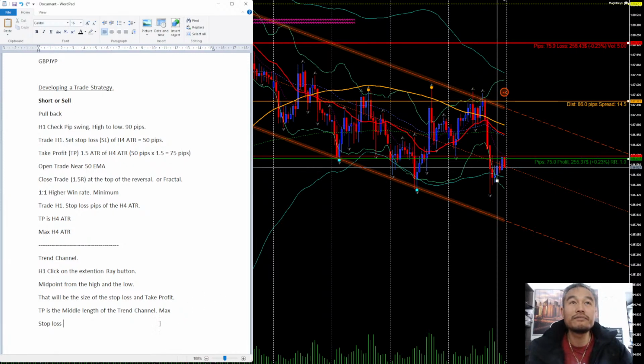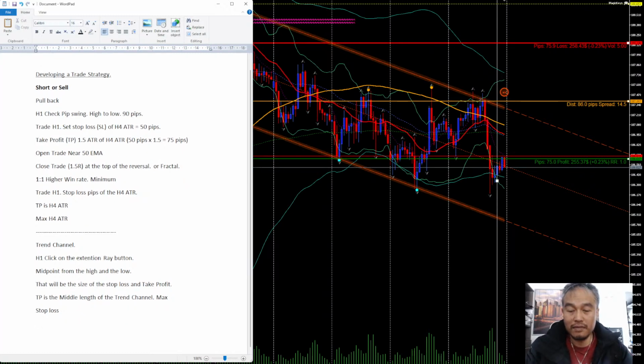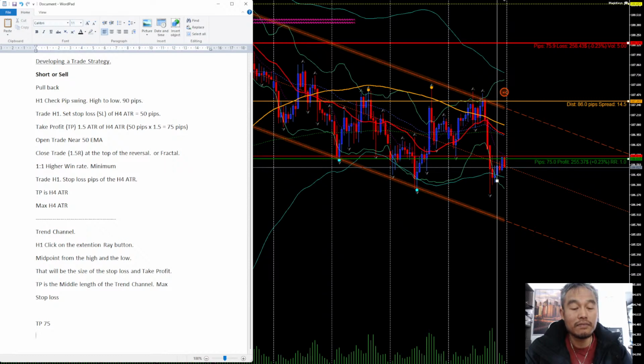You know what? I used to do this math. So if I go take profit, TP is 75, and my stop loss is 50. Do the math, do the cross multiplication, do another line here.